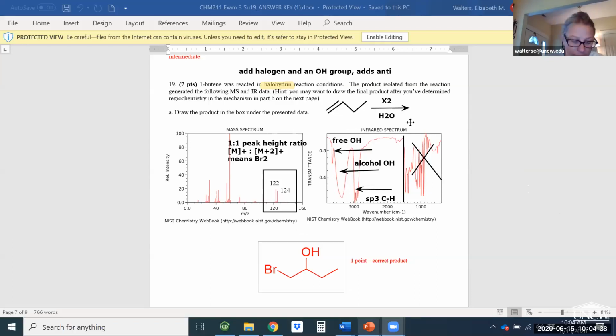Halohydrins add by Markovnikov addition. So the hydroxide, you're going to go through a bromonium cation. I'll have to draw this one on the whiteboard to show you the mechanism. So let me go back.